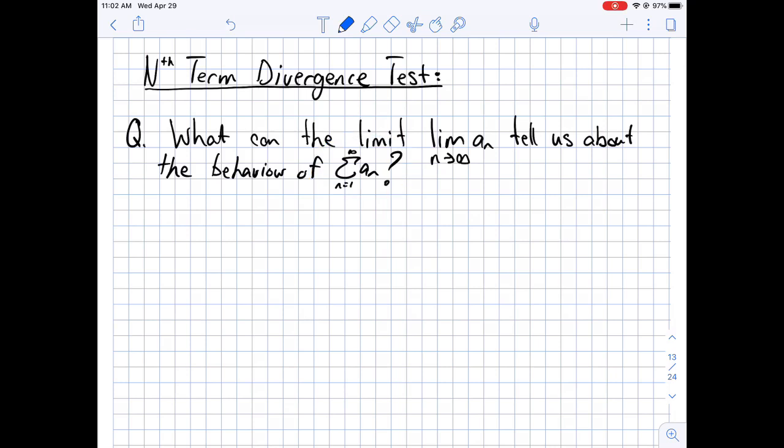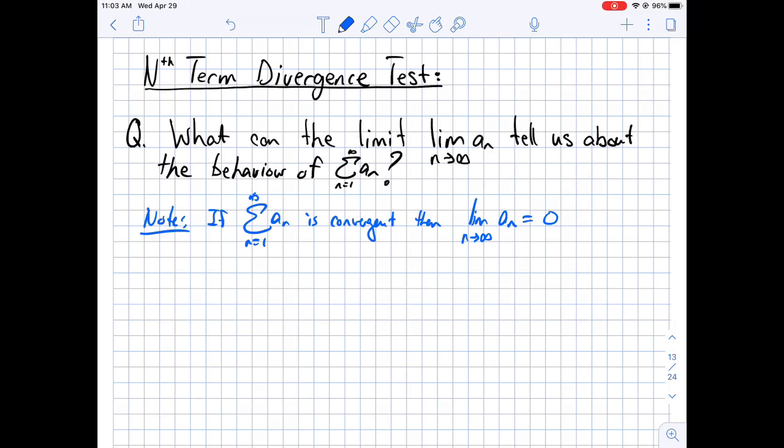Okay, so here the first thing is that if we have a convergent series, so if the sum of a_n is convergent, then it must be that the limit as n goes to infinity of the terms being added up, that limit has to be equal to 0.